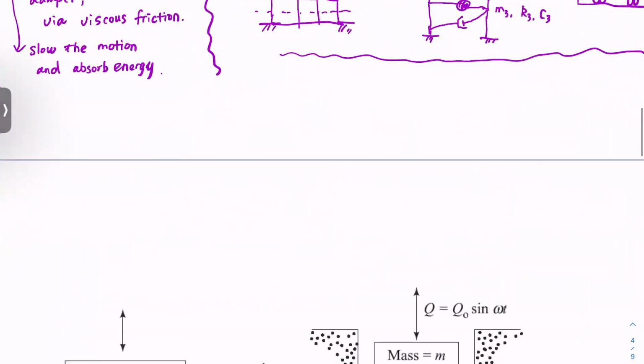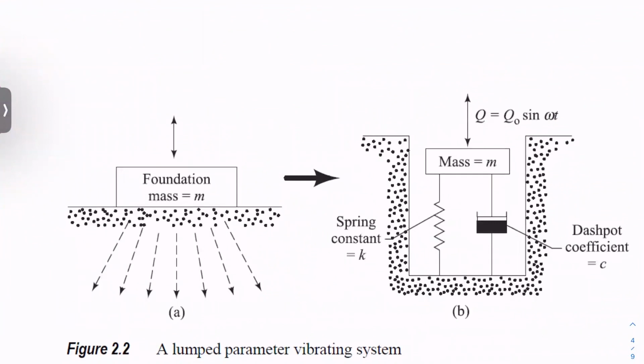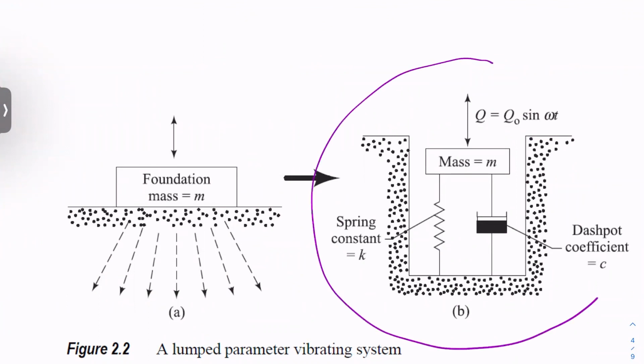Well, for a lot of structures, if they're bouncing left and right, we can use this little cart over here to represent that. This class is a little bit on the geotech side, so we're gonna look at an analogy that is more appropriate for a foundation. You have the mass lumped up here, and a spring constant to represent not the foundation itself but maybe the soil as well, and a dashpot to reflect the damping, or the energy absorbing ability of the soil.